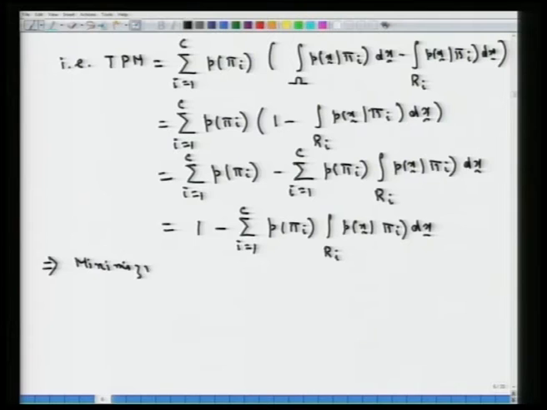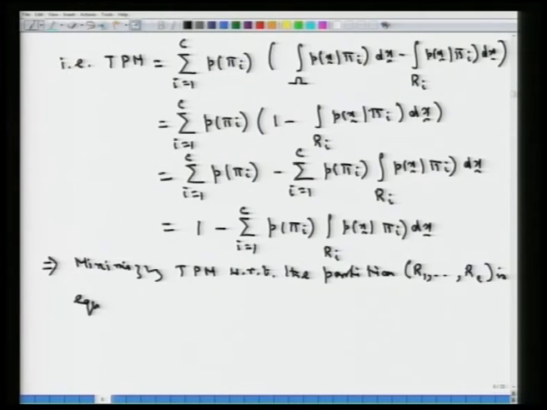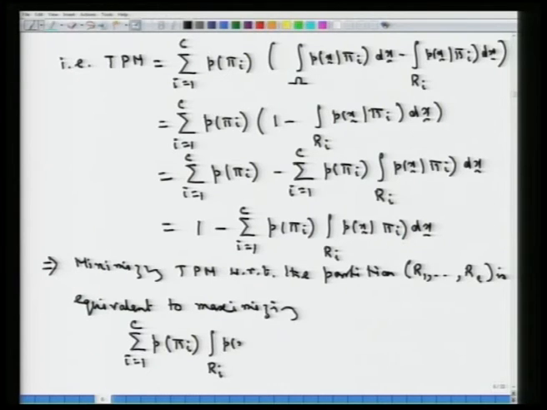So, minimizing the total probability of misclassification with respect to the partition R1, R2, up to Rc is equivalent to maximizing the quantity, summation i equal to 1 up to c of p of pi i into the integral over Ri of p of x given pi i dx, with respect to the partition R1, R2, up to Rc.